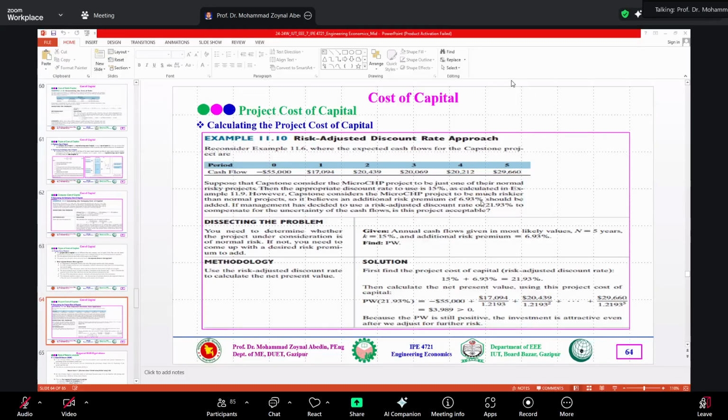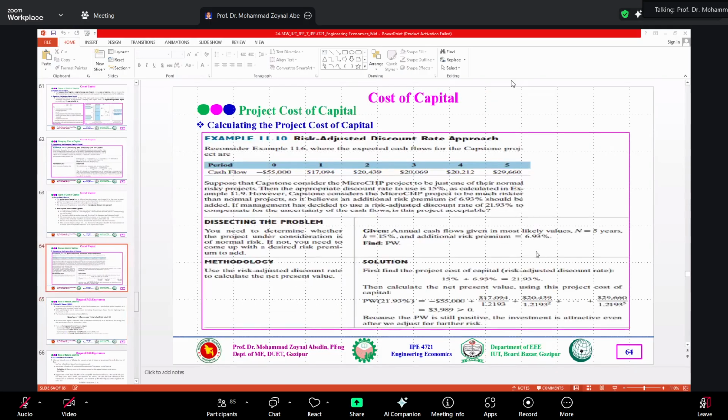Although maybe you thought that it has some uncertainty, after calculation you are getting a positive value of PW as it is greater than zero. So obviously we can tell the project is acceptable. Okay.